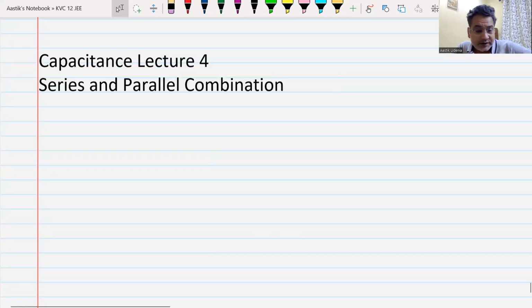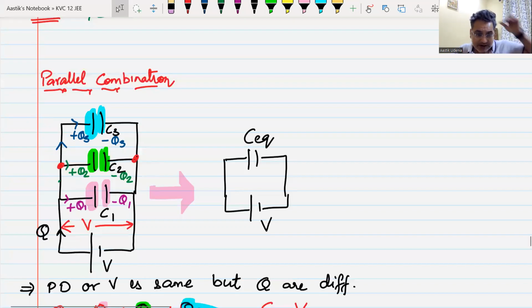Okay, so in the previous lecture, we had started series and parallel combination, and we had seen what happens in series and what happens in the parallel combination, how the capacitance changes. When it is in series, capacitance comes down; when it is in parallel, capacitance gets added up.